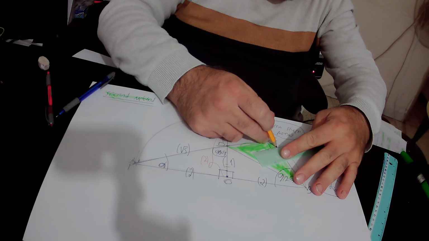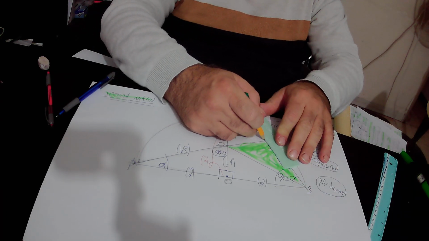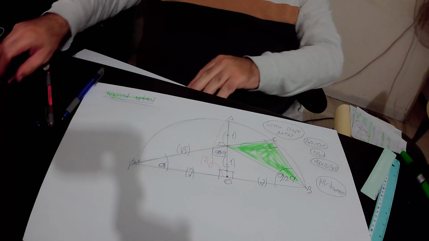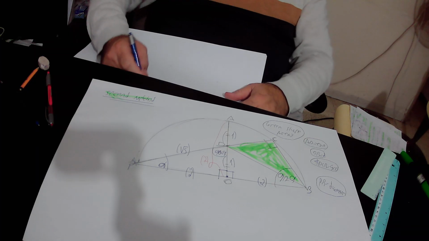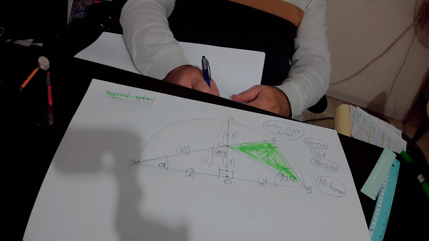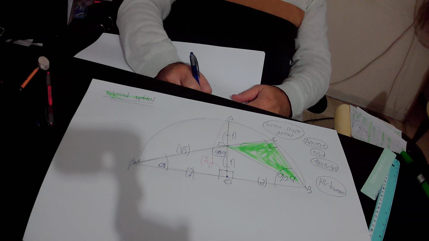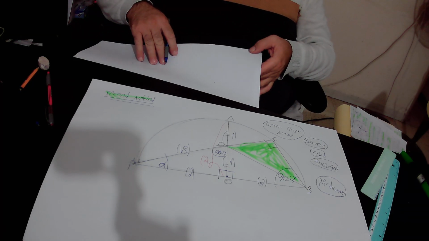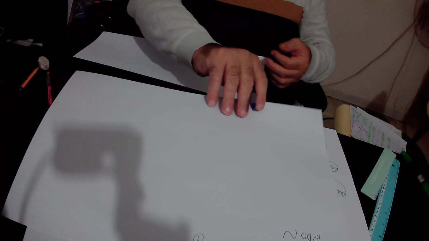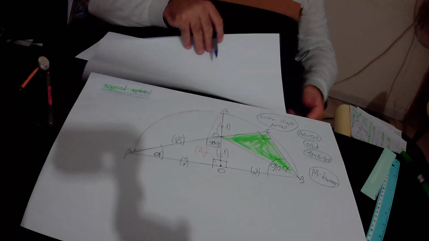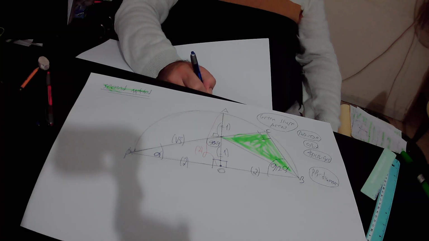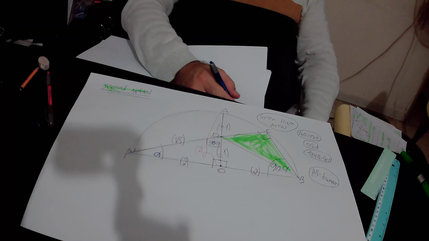So write it down. The small right triangle PDO is similar to the big right triangle PCB according to the angle similarity rule.